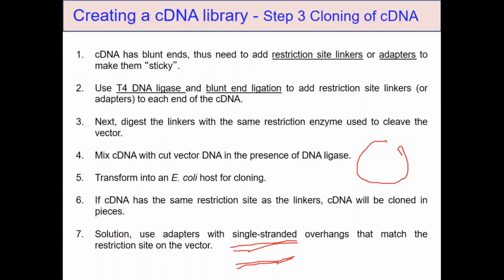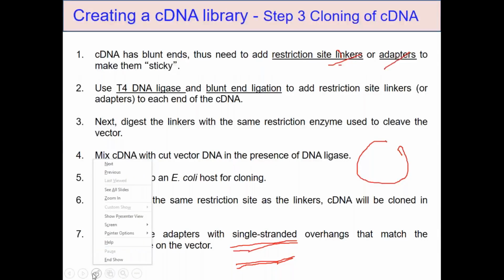But if it is a blunt end, it is very difficult. So in order to convert the blunt end into a sticky end, people will use what is called a restriction site linker or adapter, which makes it sticky. Understood?